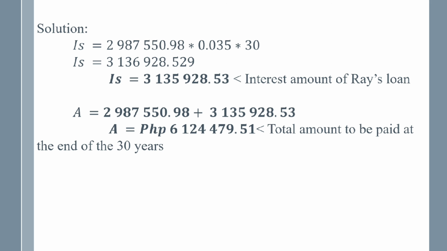For the total amount, it is 2,987,550.98 plus 3,136,928.53, and that equals 6,124,479.51.